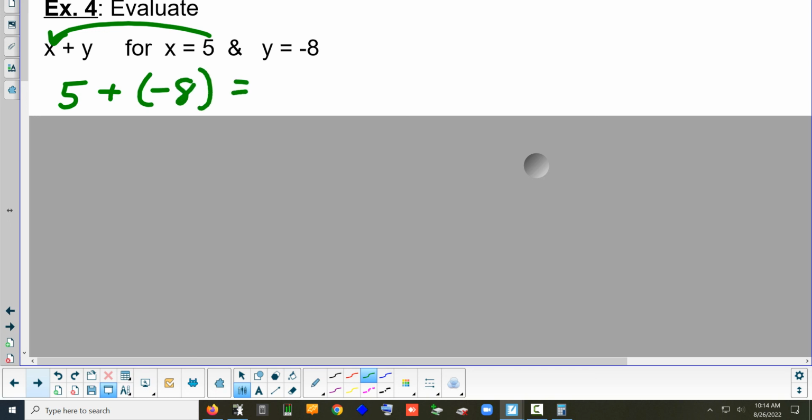And Hanukkah, when I solve that, is it going to end up being a positive answer or a negative answer? Well, think about like if you had 5 people that were positive, and you combine them with 8 people that are negative. Are there more positive people in that group or more negative people? Negative. More negative people. So you're going to end up with a negative answer.